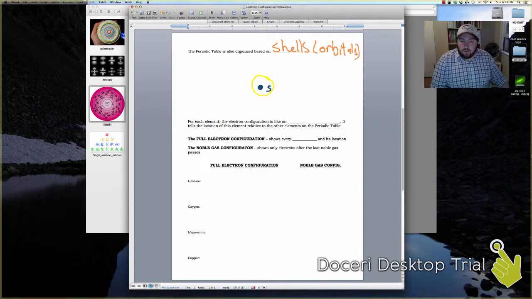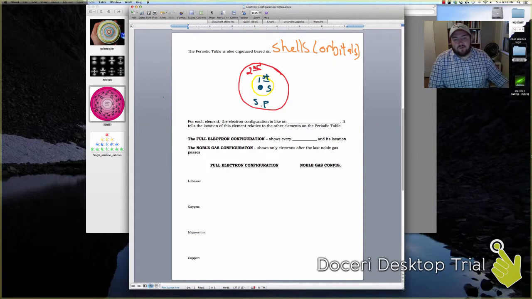I only have an s orbital within that first shell or energy level. Now as I move out, like the layers of a gobstopper, here is my second energy level or shell. And this time, because there's a little more space, there's enough room for electrons to follow an s or a p path.